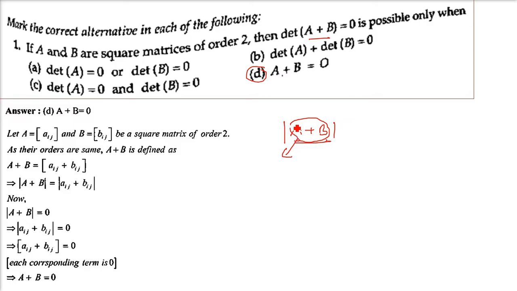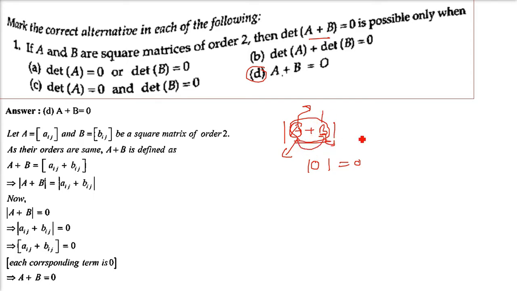If A is 0, B might have some value. If B is 0, A might have some value, right? So, getting A and B together, when it adds up, if it is 0, then only the determinant of A plus B will be equal to 0.